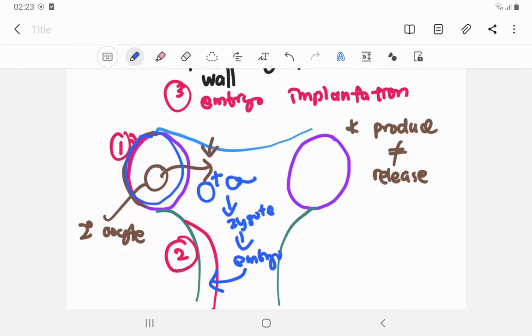Kalau selepas secondary oocyte dibebaskan, persenyawaan berlaku dan membentuk embryo, embryo ni akan menempel di endometrium wall. So untuk menempel, dinding endometrium tu perlu menebal, lembut dan kaya dengan salur darah, sebab salur darah itulah yang akan membekalkan oksigen dan nutrien kepada embryo untuk membentuk fetus dan menjadi baby. Okay, tu kaitan antara 3 tu.